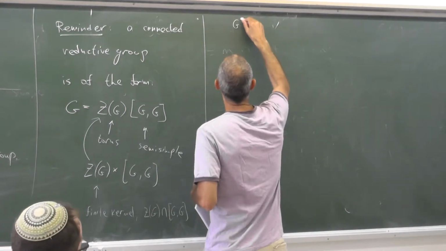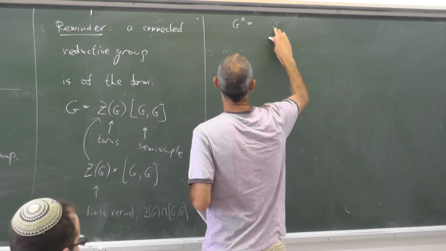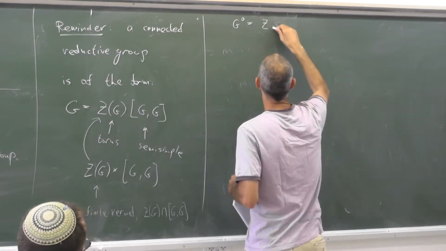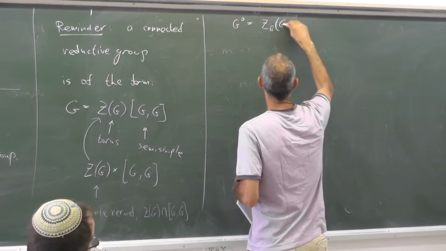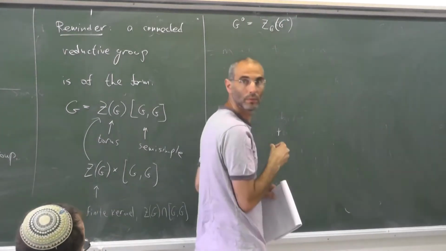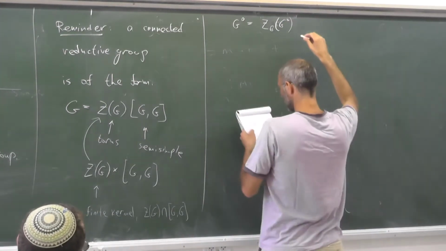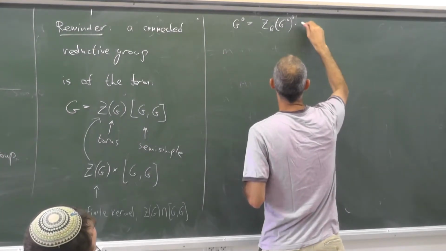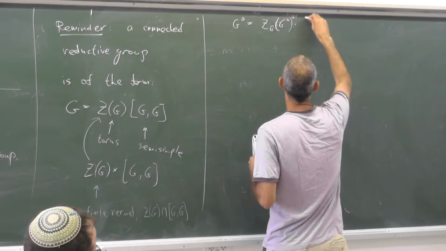So G0, I can always write down as, well, I can take the centralizer of G0, but I should now take it in G0.